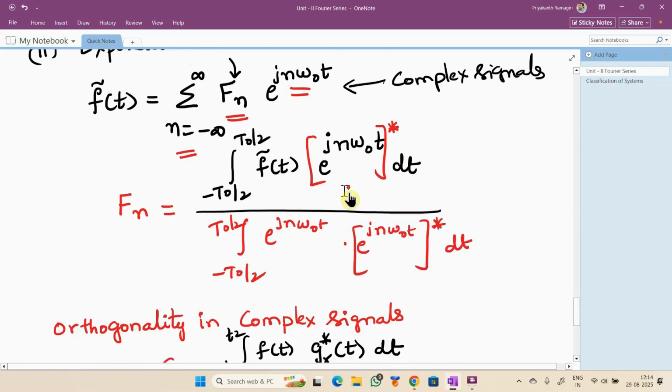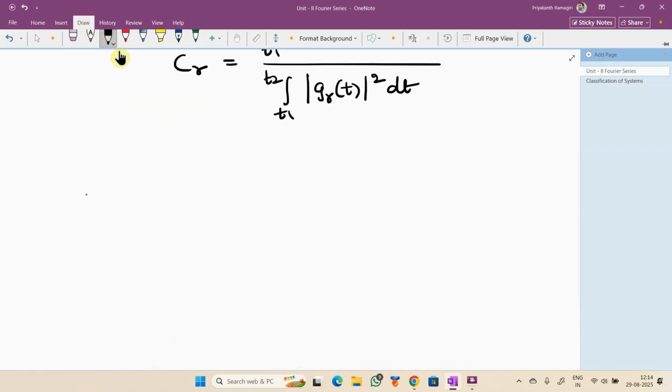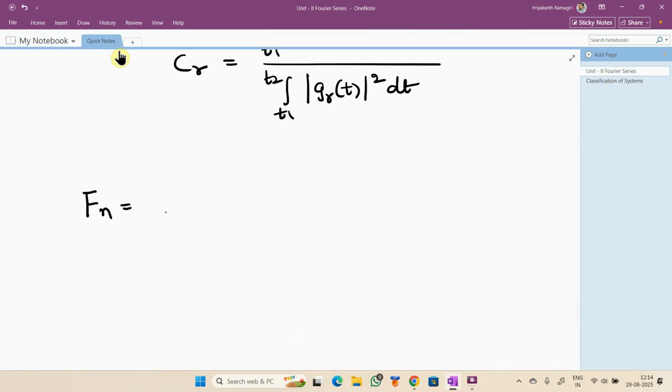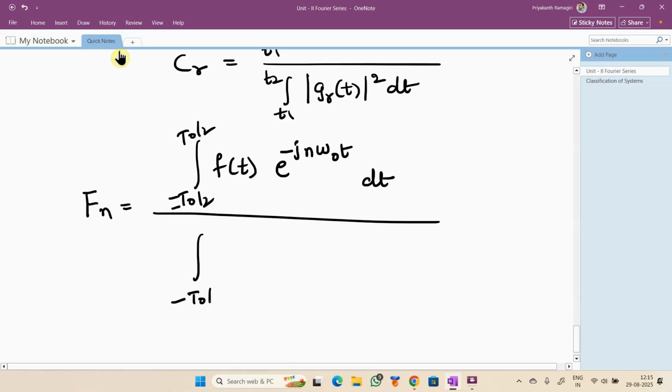Now simplify this. So fn will be equal to, numerator you have the integral from minus t naught by 2 to t naught by 2 of f of t, which is the function, multiplied by the conjugate e power of minus j n omega naught t dt, and the denominator, tell me the denominator.